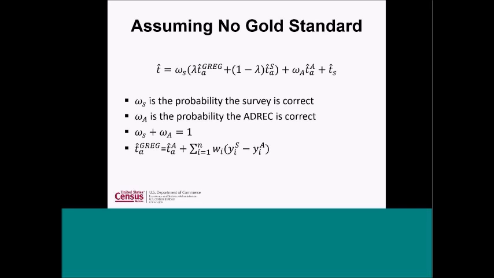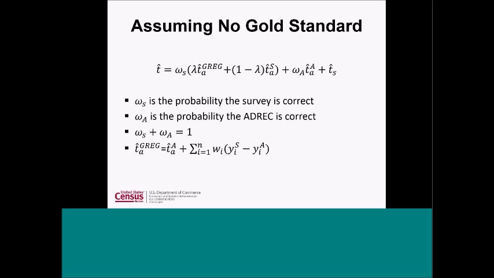is your guess or your estimate of the probability that you think the survey is right. And the omega A is the probability that you assume that the administrative record is correct, or estimate is correct, and put this constraint that the omegas have to sum to 1.